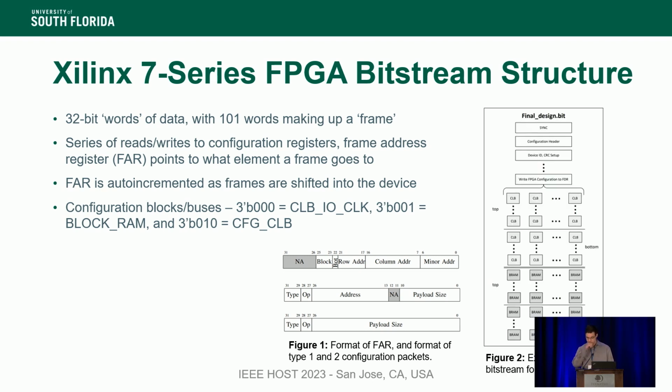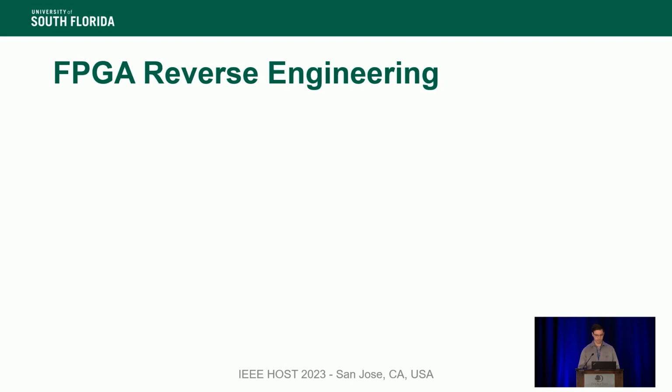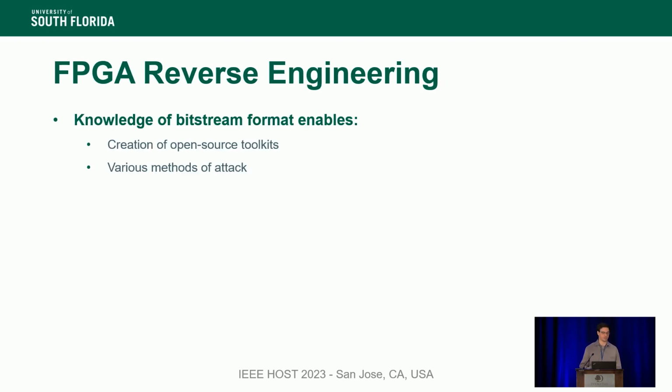What we see is that the configuration data for logic blocks and interconnects occurs first in the bitstream, and then towards the end of the bitstream we see all of the block RAM initialization contents. So reverse engineering of this FPGA bitstream format is useful for a number of different reasons.